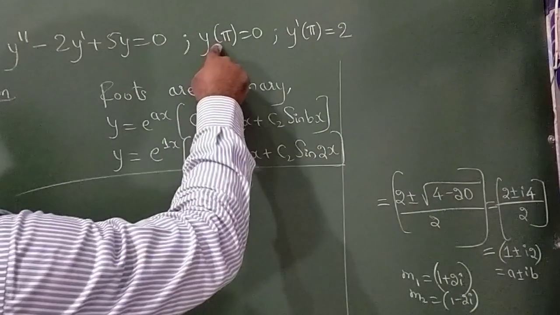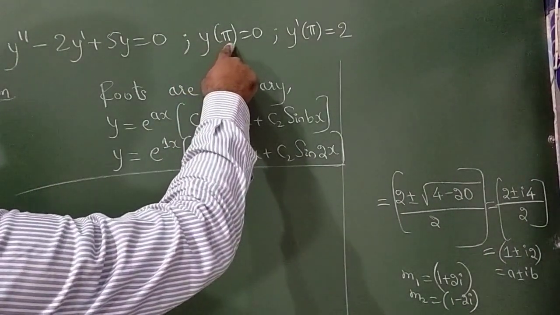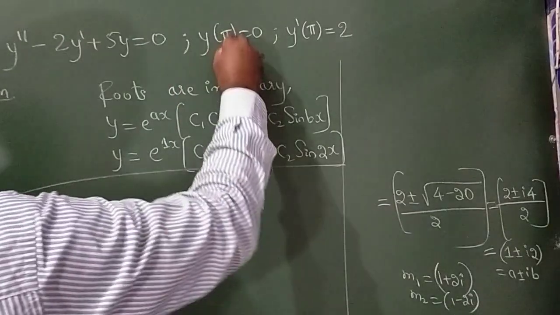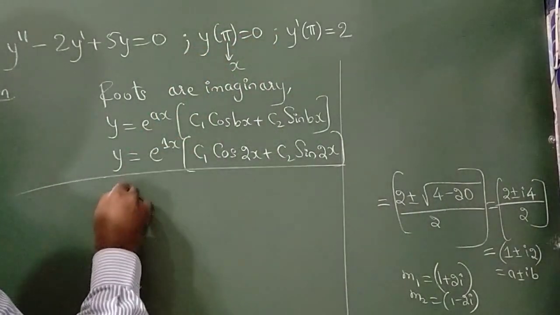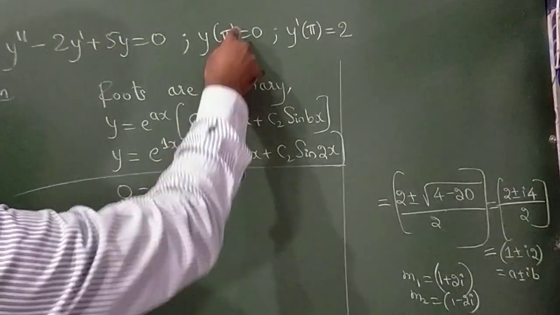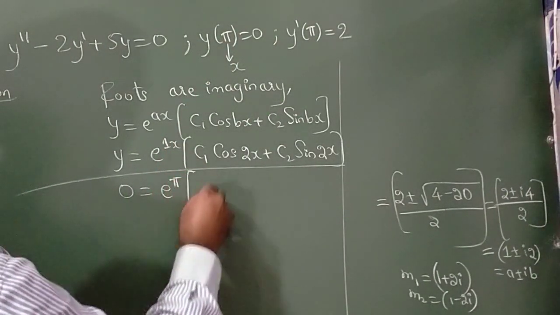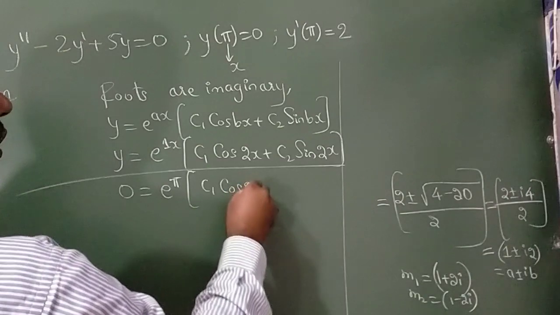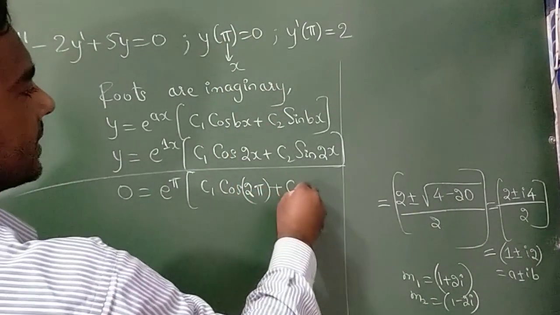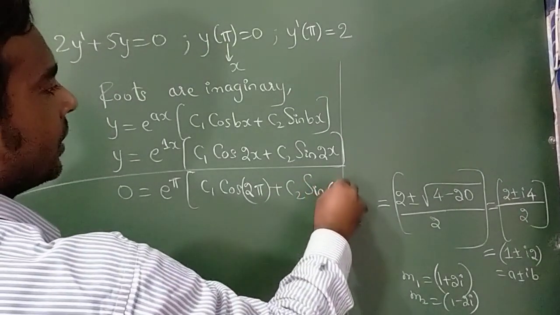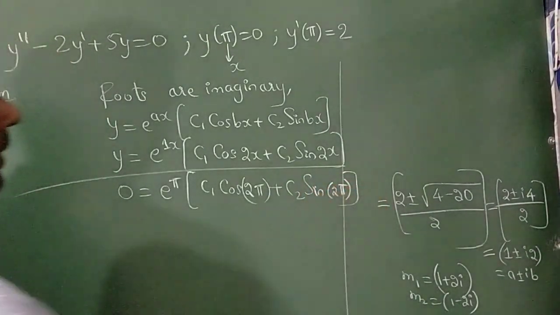Now you can see here y of pi is equal to 0. It means this is the x value and this is y. So in place of y I must write 0, and in place of x I must substitute pi. c1 cos 2 pi plus c2 sin 2 pi.